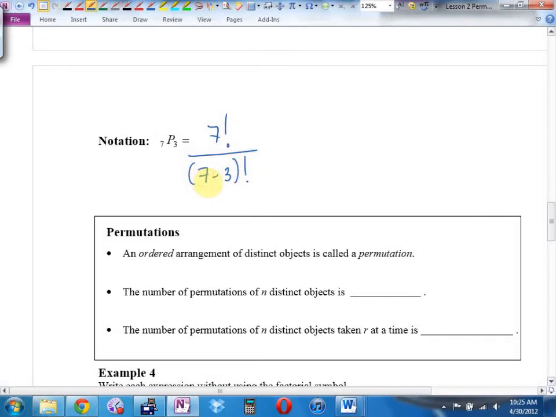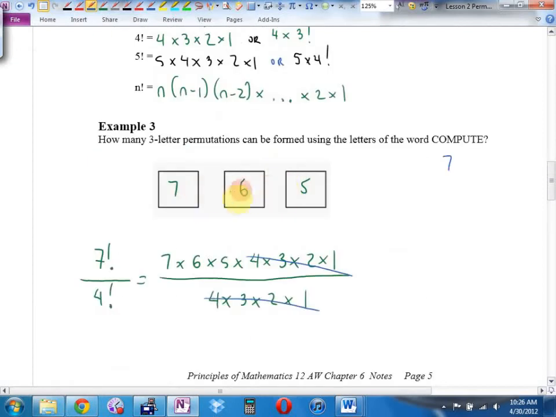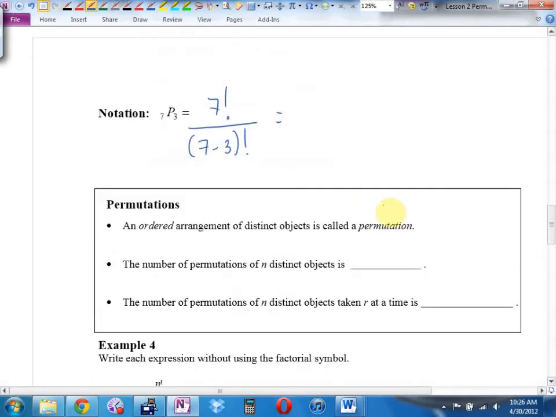Except, Sabrina, what was 7 minus 3? 4. By the way, what is 7 times 6 times 5? Well, 6 times 5 is 30 times 7. Turn back one page and go 210. Or you can write it here, 210.